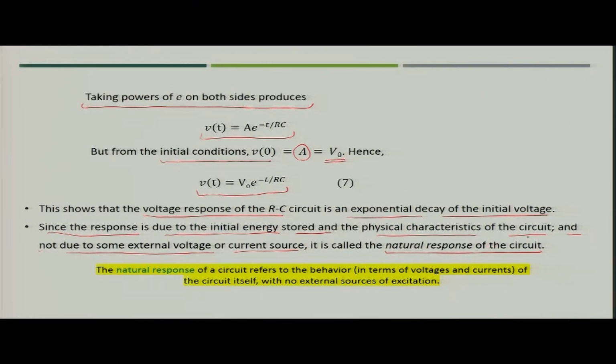When there is no external source connected to the circuit and the internal energy is dissipated, the response is called the natural response. So, we can simply say that the natural response refers to the behavior, in terms of voltage and current, of the circuit itself with no external sources of excitation.